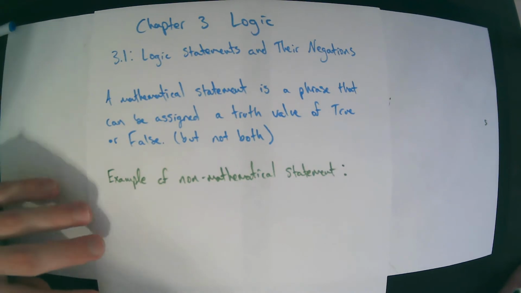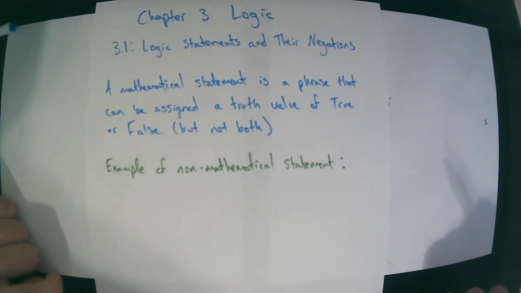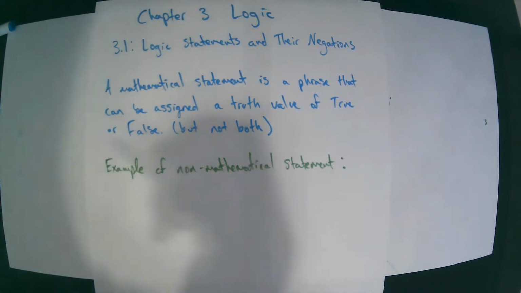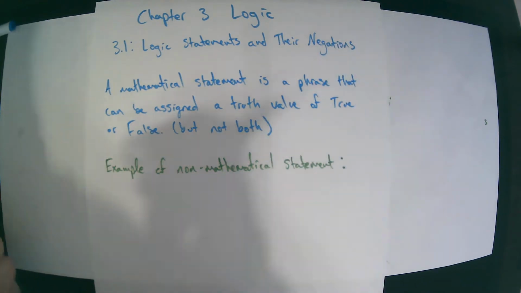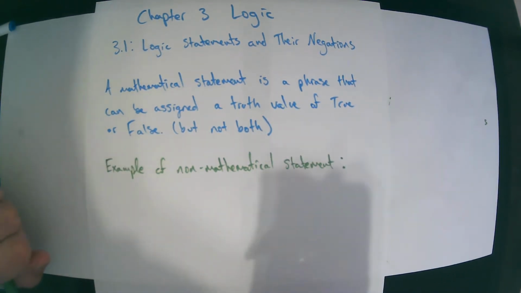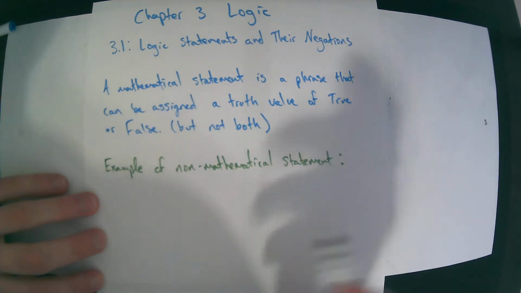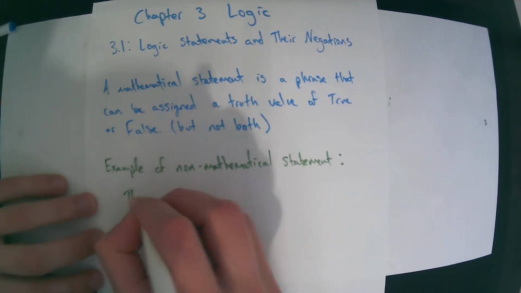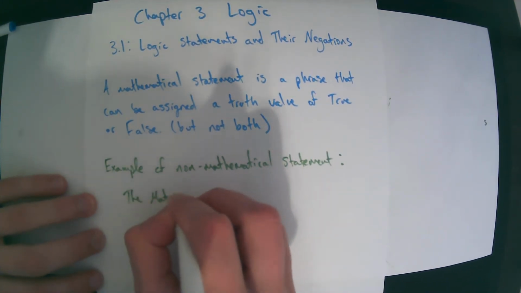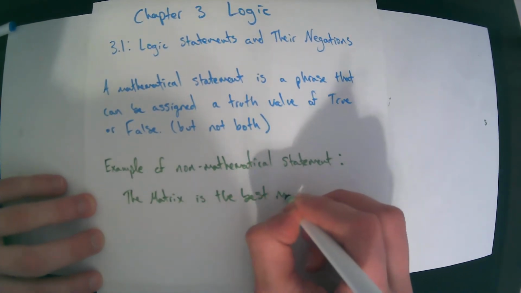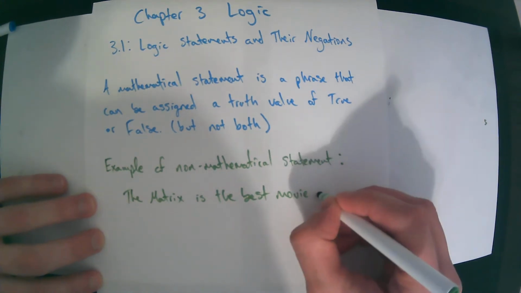An example of a non-mathematical statement might be something like, well, one of the examples I give in the notes is, this is the best movie ever made. So how about, instead of this is, let's just say, what's a movie that has a short name? How about The Matrix is the best movie ever made.